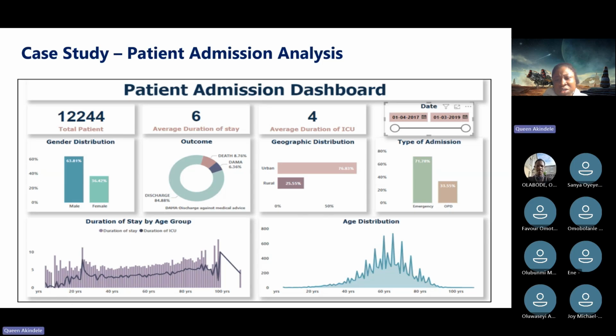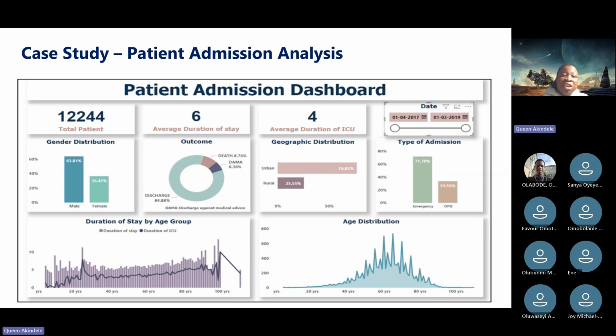So the geographic distribution here, we want to know where our patients are coming from. We have this number of patients, where are they coming from? Are they coming from the city? Are they coming from the urban area? So I would say that to the organization, these are the metrics they measure their own performance by in terms of patient admission. It may be different for another organization.